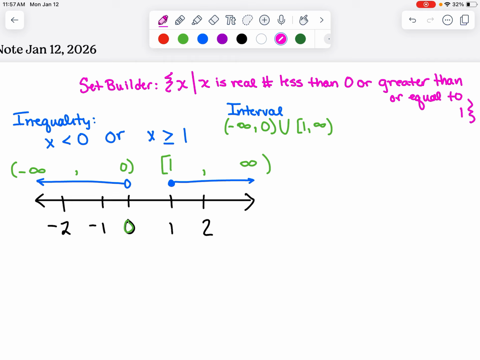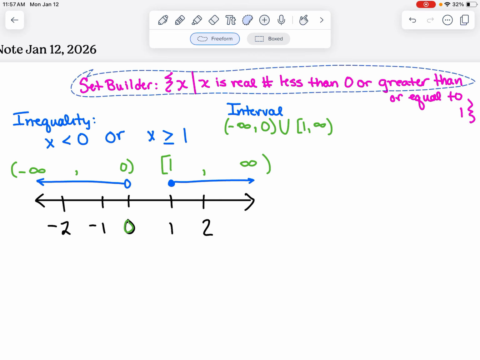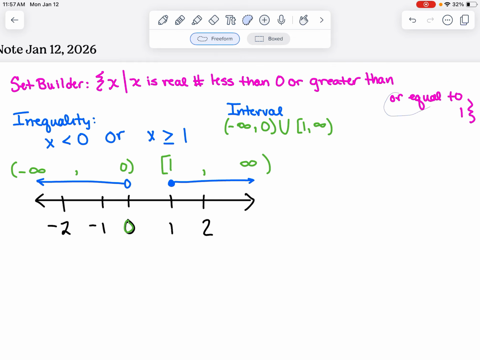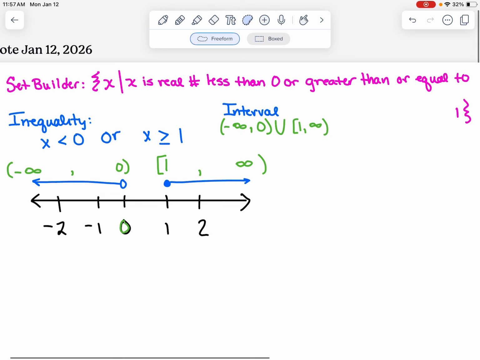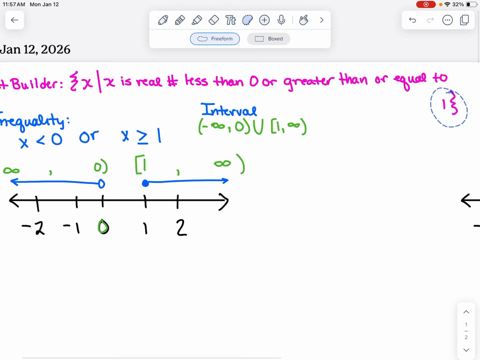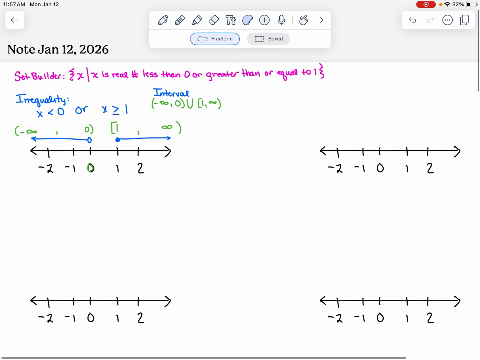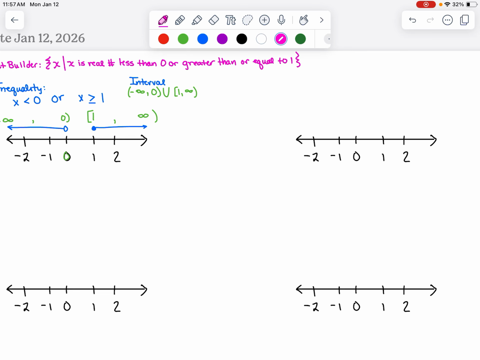So it's just kind of like a long statement about what we have. All right, so set builder notation describes what we have and almost writes it more or less like in a sentence.